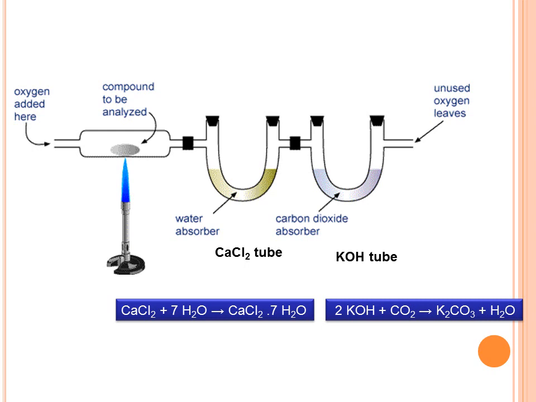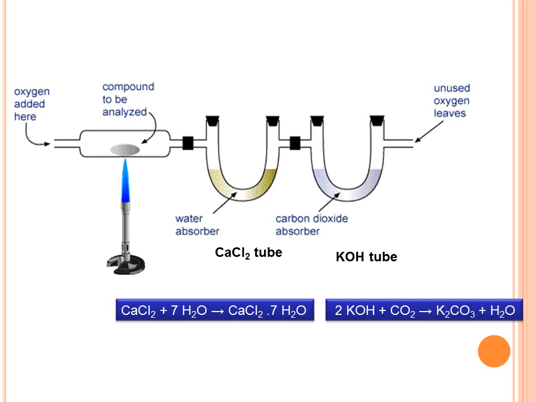Again I will repeat: whatever H2 is there will convert in terms of H2O and will be absorbed in CaCl2. So whatever increase in CaCl2 is nothing but the weight of H2O. Then whatever carbon is there will convert in terms of CO2 and will be absorbed in KOH. So whatever increase in weight of the KOH U tube is nothing but the weight of CO2.